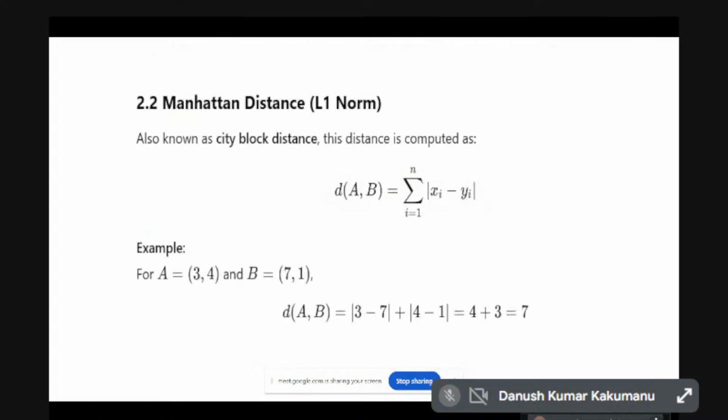Whereas Manhattan distance we use only in high dimensional space, more than two dimensional. Okay?